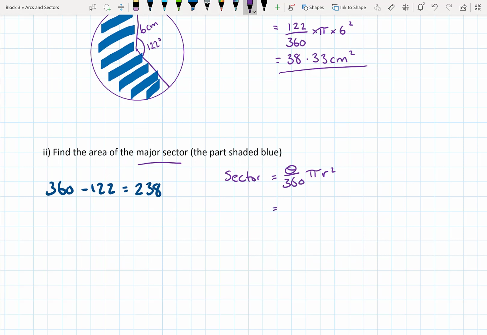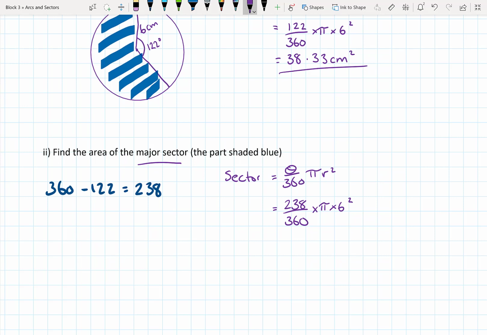So when I come to put it in my formula, I've got 238 out of 360 times pi times 6 squared. Now, sometimes, and we had a look at this yesterday in our arc lengths, we can simplify the fraction, and that will make putting it in our calculator easier, but it'll work just the same.